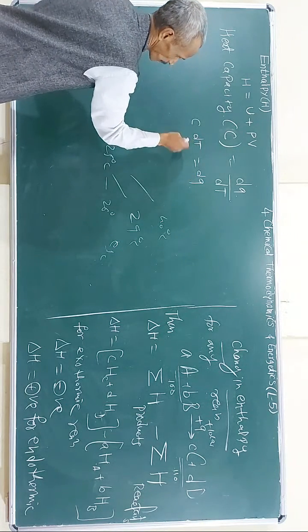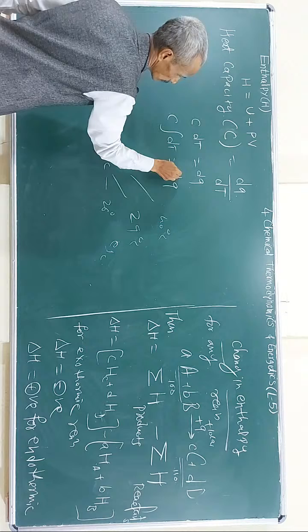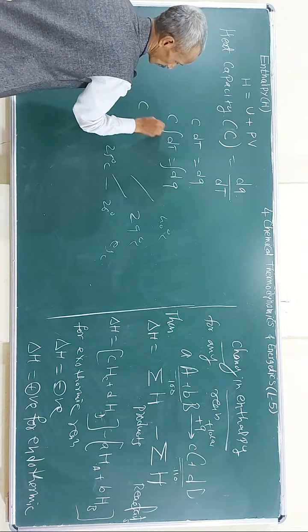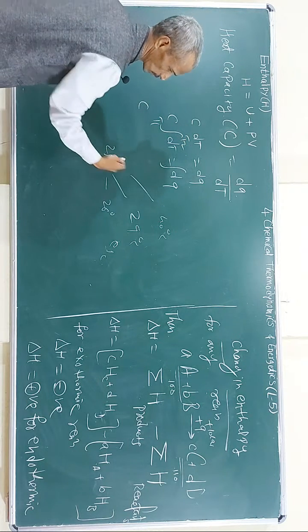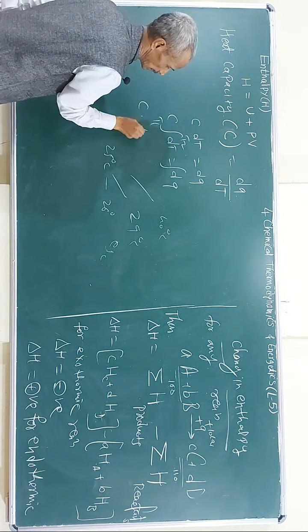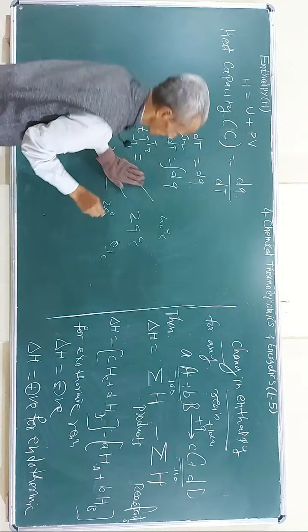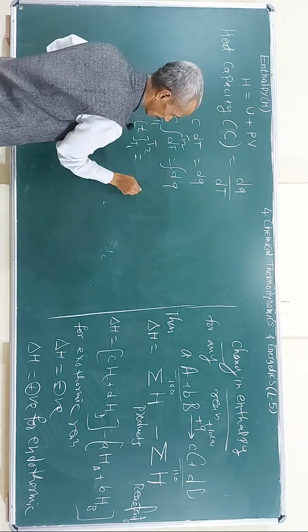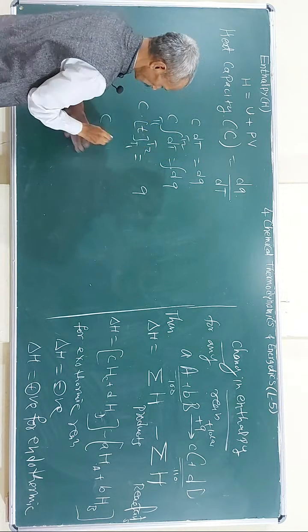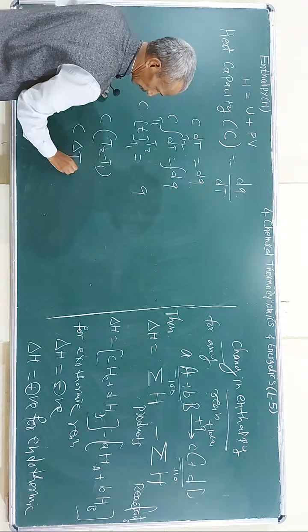So here one can integrate both sides, taking integration of dq from T1 to T2, which gives Q is equal to C delta T, where delta T is T2 minus T1.